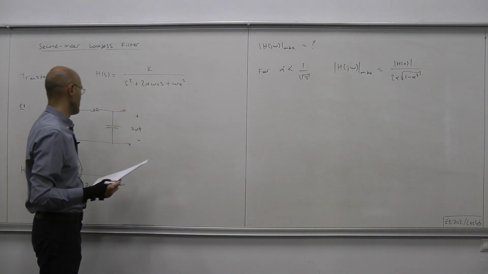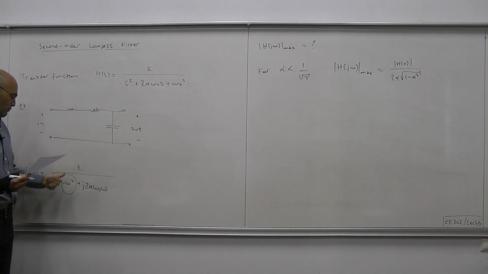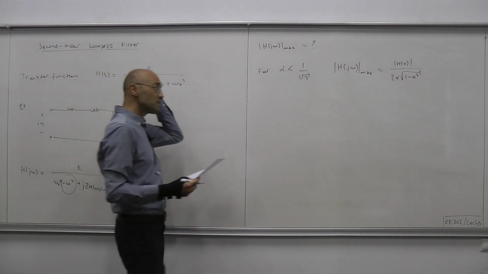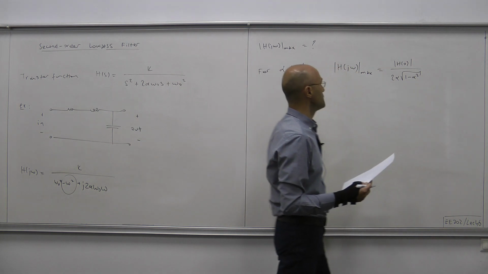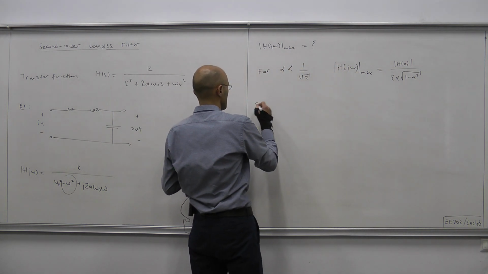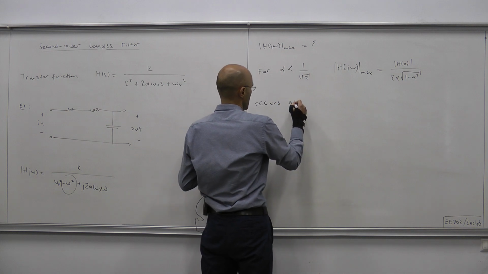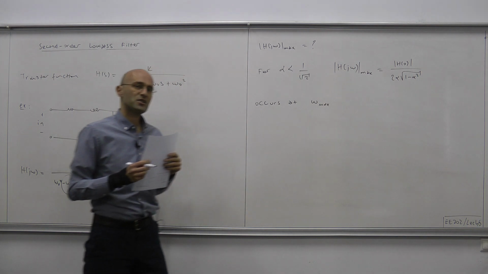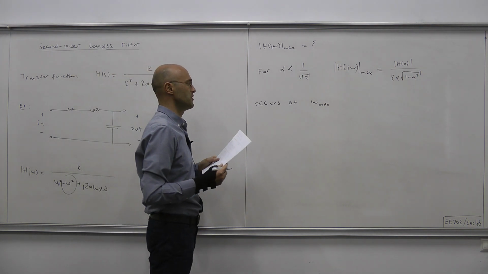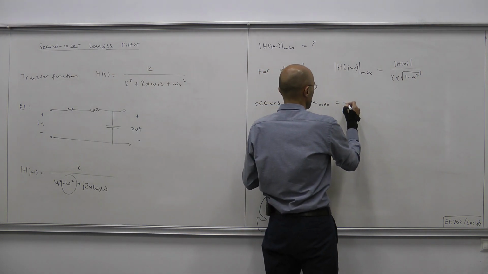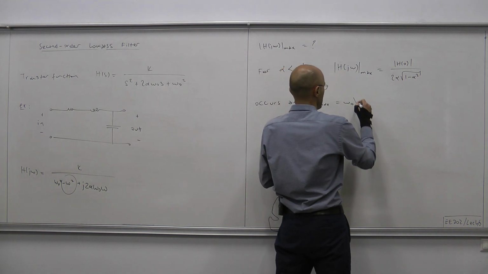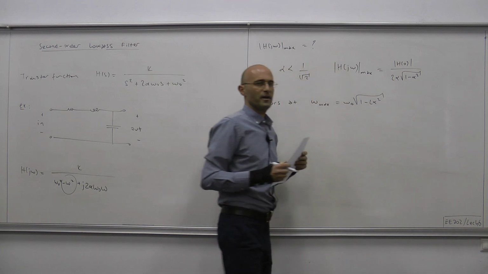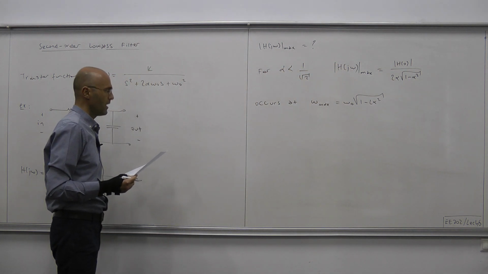Okay, and by |H0| we mean magnitude of k divided by omega 0 square. And this maximum value occurs at omega, let's call it omega max, the frequency where the maximum is achieved, at omega 0 times square root of 1 minus 2 alpha squared.